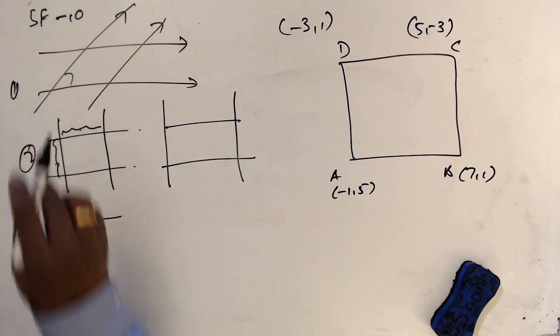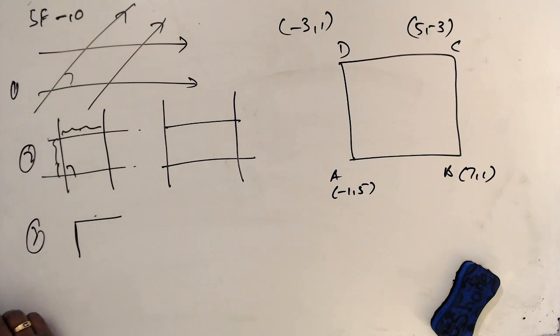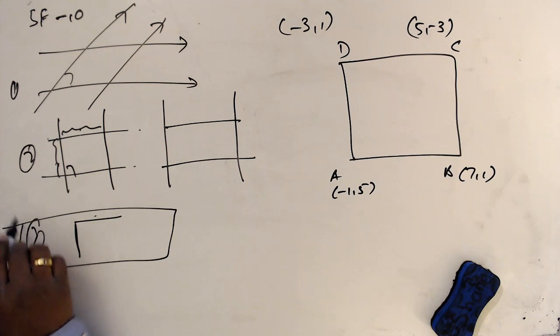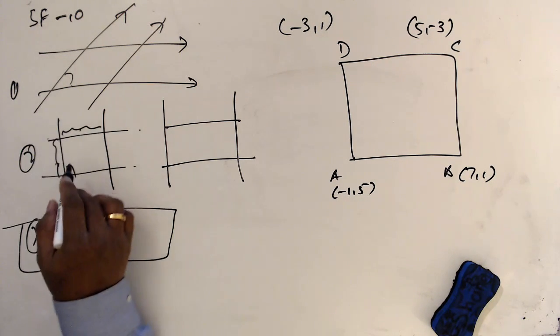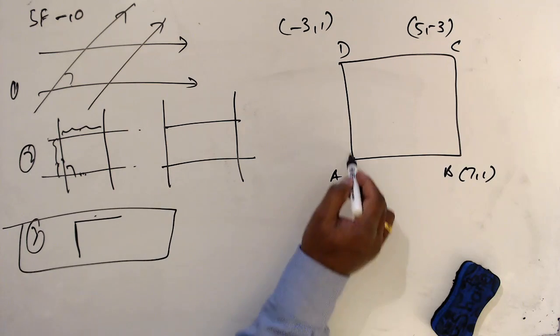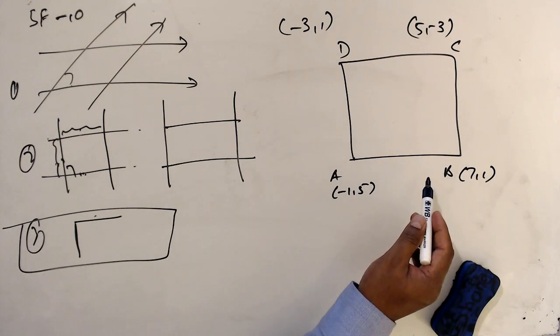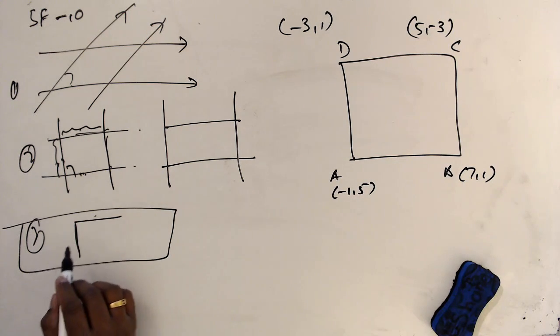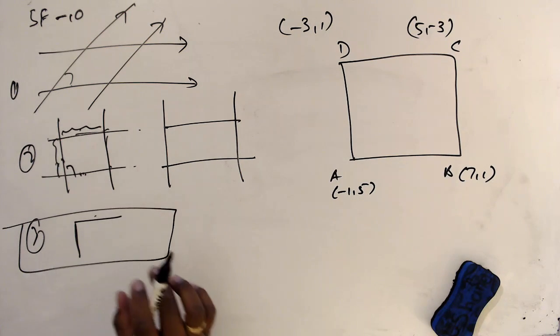Otherwise, it could be a square as well. But we don't go to this step. We just show that those two are parallel and those two are perpendicular. Any two lines, basically AD and BC, or DC and BC. We don't need to show both.